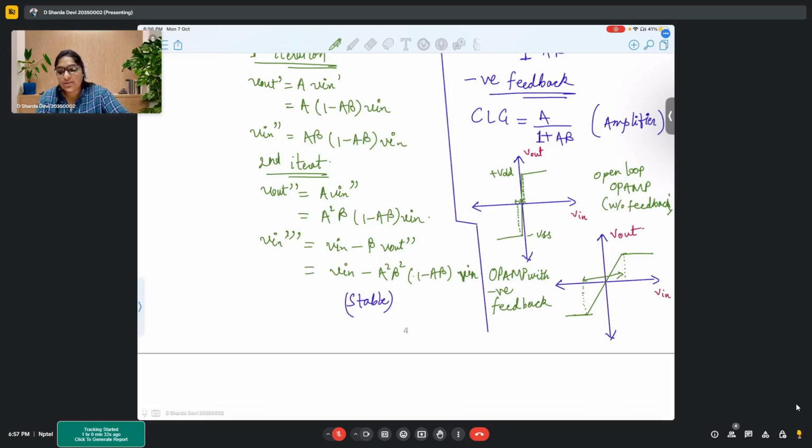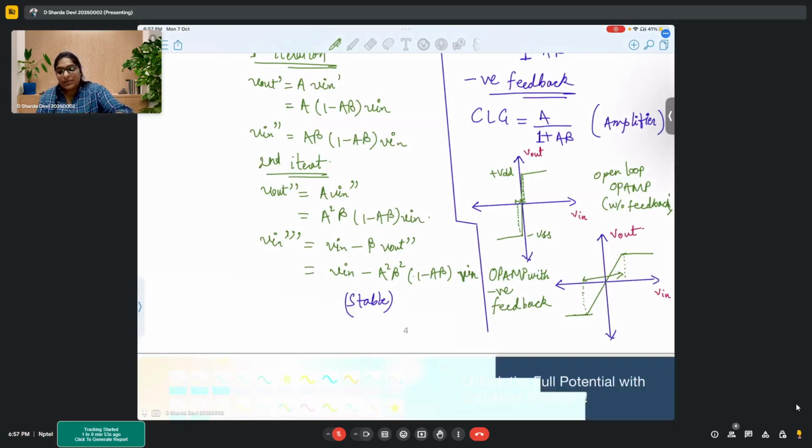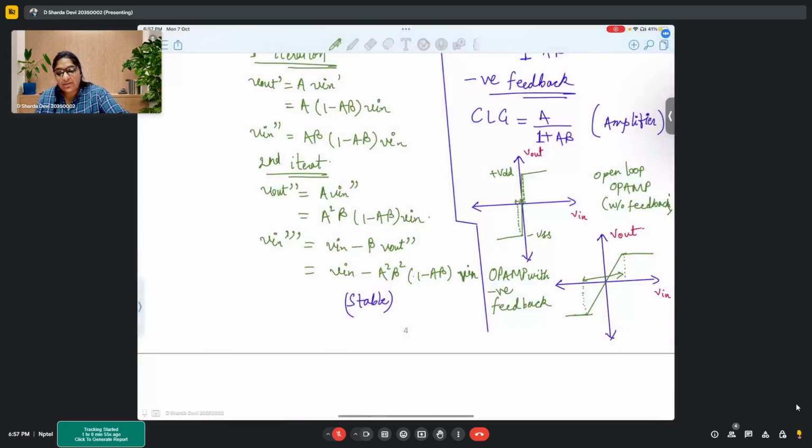Okay. So that is the basic idea behind these feedbacks. Now, if I talk about the values per se, we can solve this based on values also.